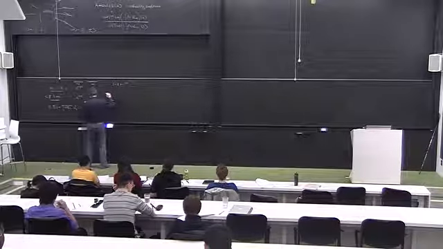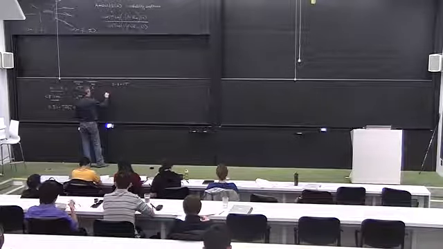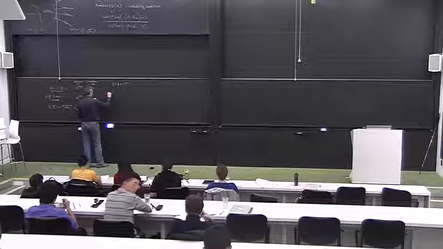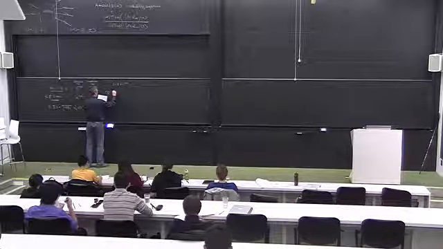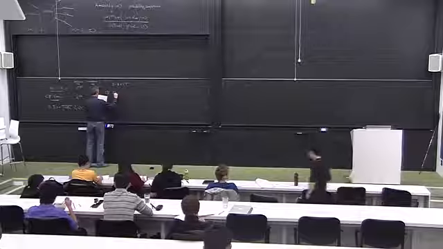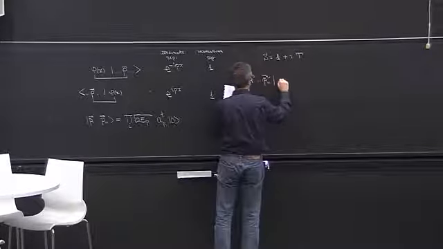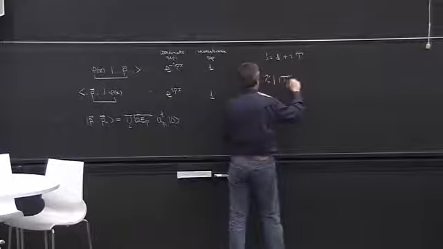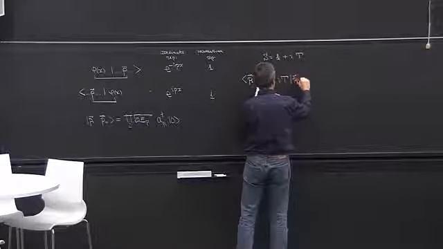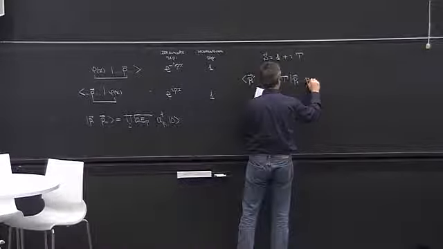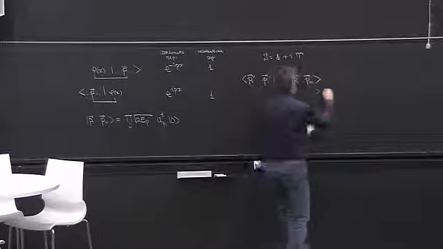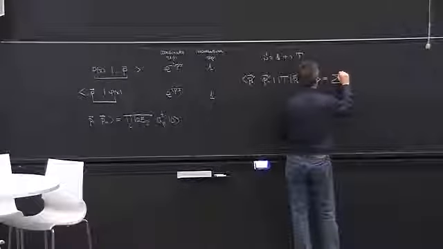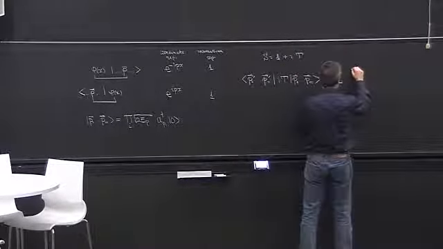And then we can formulate Feynman rules for how to compute the matrix elements of this operator. This will be given by the sum over all possible diagrams.